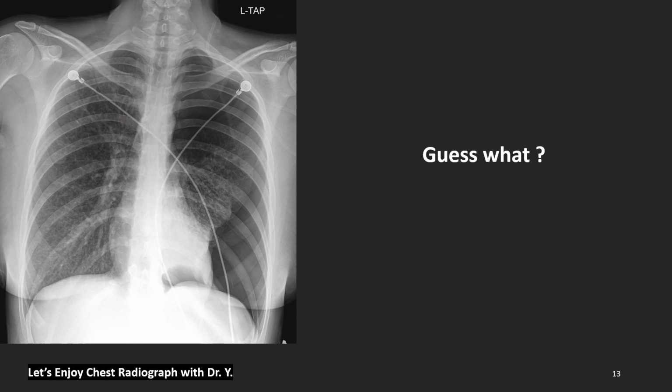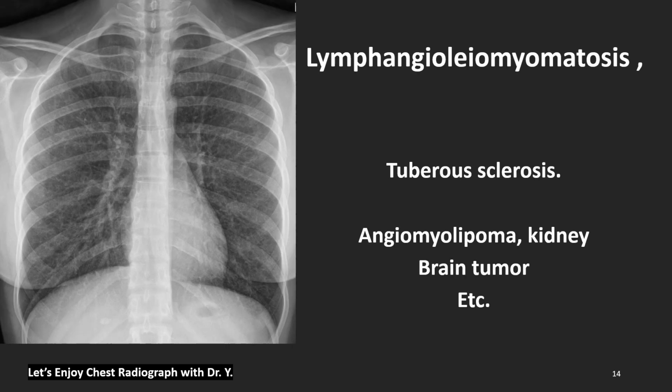Let's go to the next film. Let's recall the first session, the normal young man's chest radiograph. What was the difference from the normal chest radiograph here? What's in the lung?